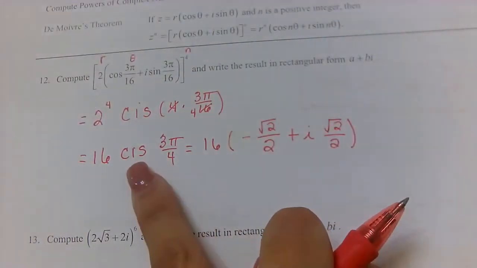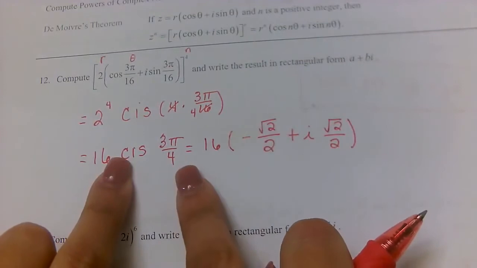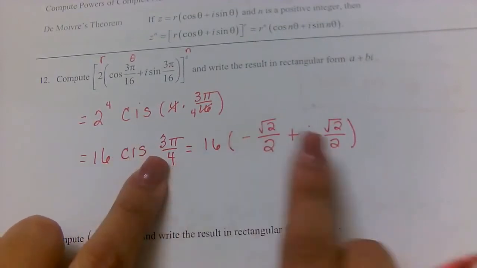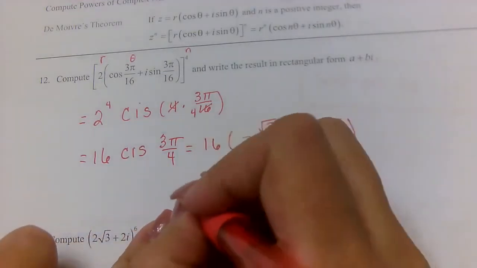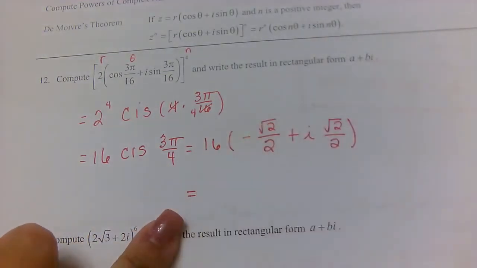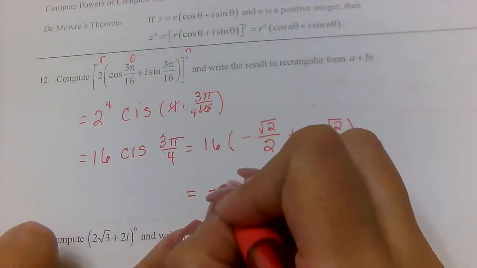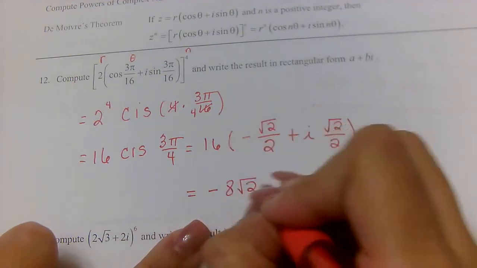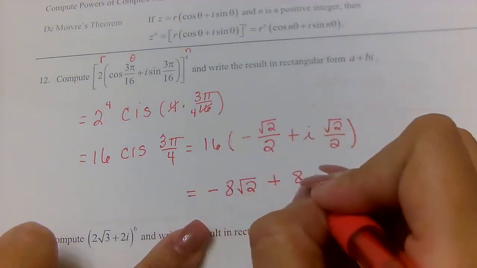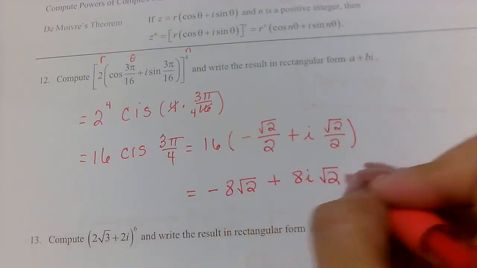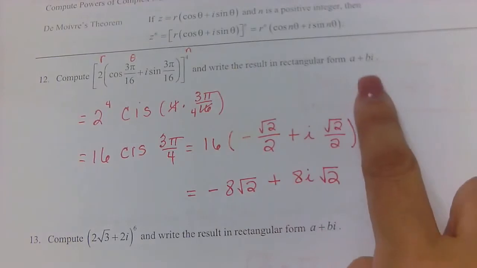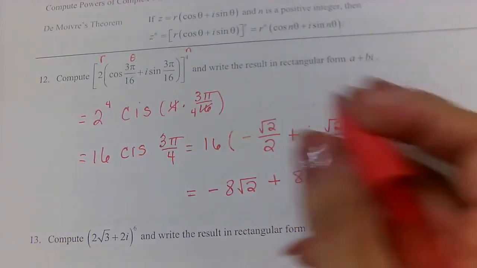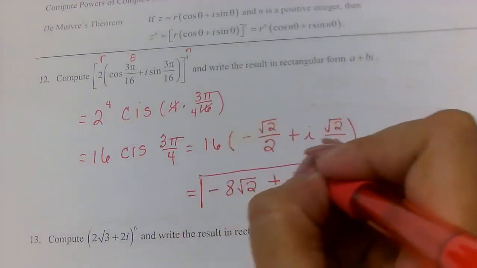So all I did from changing this was evaluate cosine of 3 pi over 4 and then sine of 3 pi over 4. Now I'm going to distribute the 16 into both parts, and 2 can go into 16 8 times, so I'm going to have negative 8 square root of 2 plus 8i square root of 2. Okay, and now all I've done is change it to rectangular form. There's my i. So this will be the answer for number 12.